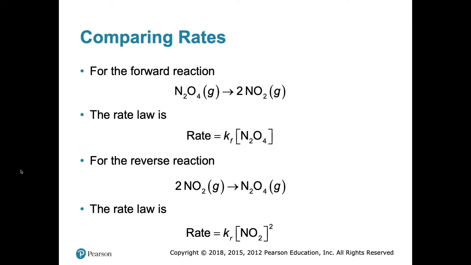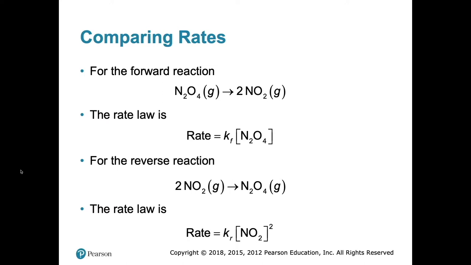Now it's the rate constant with an F on it, which I said before means what? It's the rate constant of the forward reaction, and it looks exactly like it does in the chemical kinetics section.